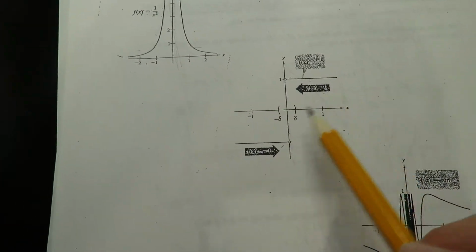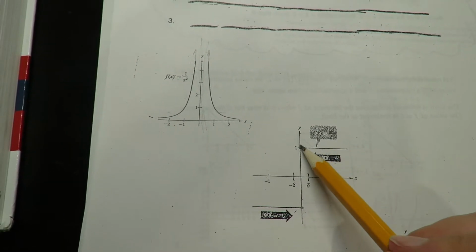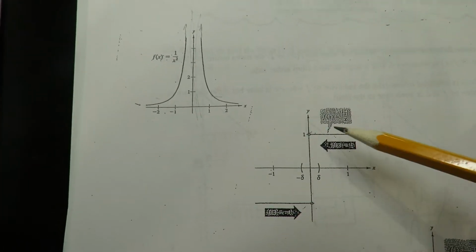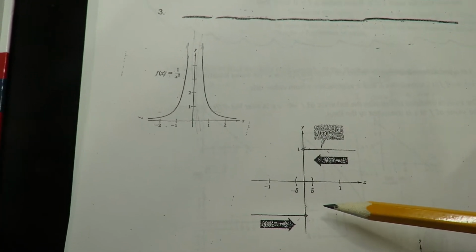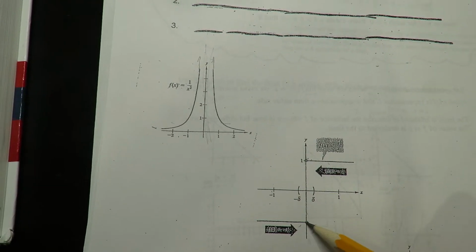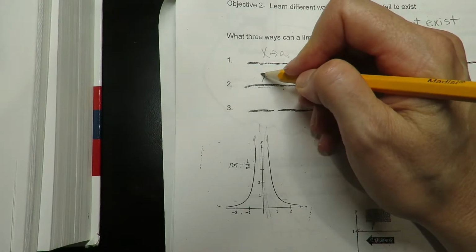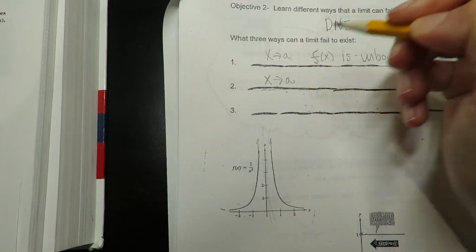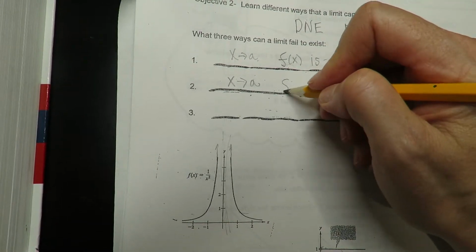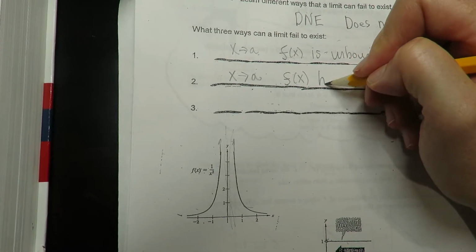Okay, how about here? Can you picture you and your friend? You're going to this destination and your friend is going to this destination, so you're not going to meet up. Both sides have to approach the same value. Okay, this one's approaching, whatever this is, looks like a -1, and this is approaching a 1. So again, as x approaches a particular value, the two-sided limit fails to exist if at that point the function has a gap.